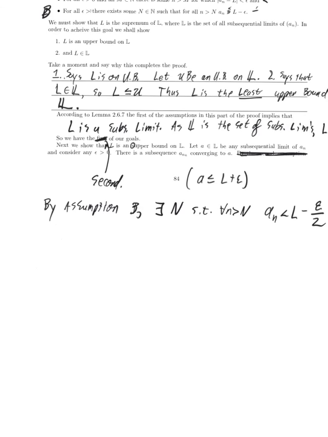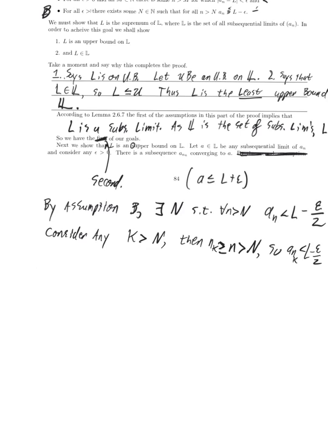Now let's go back to the sequence A sub n sub k. Let's consider any k greater than big N, then n sub k is greater than big N because it's bigger than or equal to little k. So A sub n sub k is less than L plus epsilon over 2. That's enough information to pass to the limit.